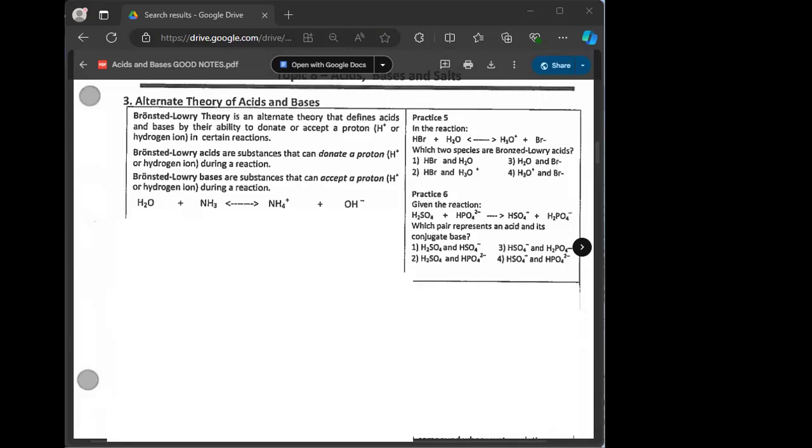Okay, so a Bronsted-Lowry acid is a substance that can donate a hydrogen ion during a reaction. So that's very similar to the Arrhenius definition.